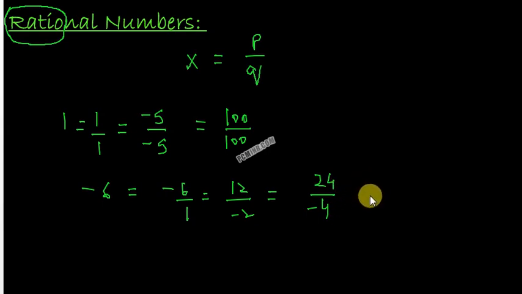Therefore, a positive or a negative integer can be expressed as the ratio of two integers. Therefore, integers fall under the category of rational numbers. We use the capital letter Q to denote the rational numbers.